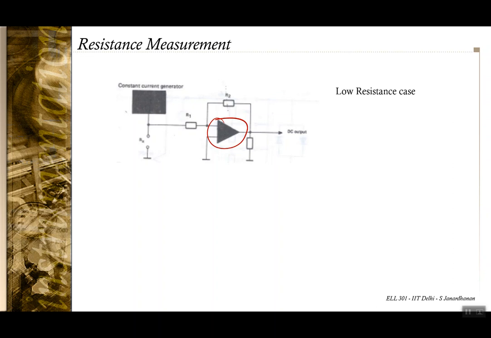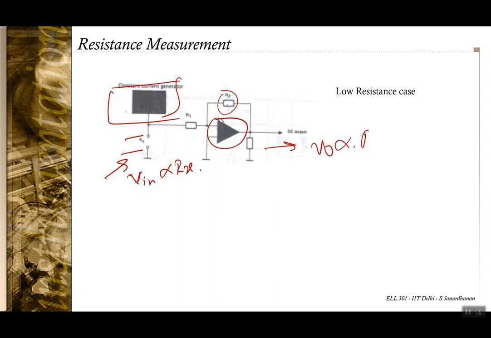So you still have this constant current generator, and now if you connect an unknown resistance here, then as with the earlier case, you have the voltage V in proportional to Rx, and that can be amplified appropriately with a factor of R2 by R1, and the output voltage is now proportional to Rx. So this can be used for the low resistance case, that is, Rx much less than the input resistance of this circuitry.